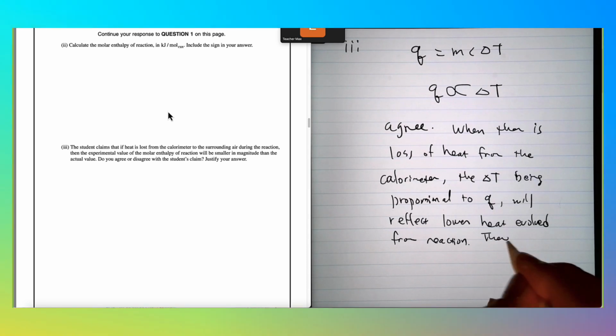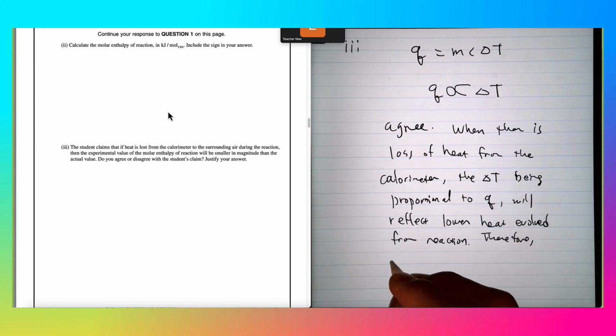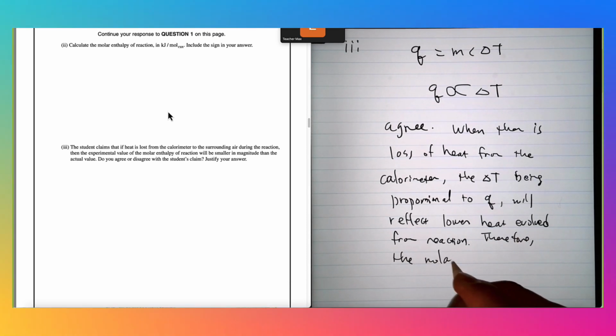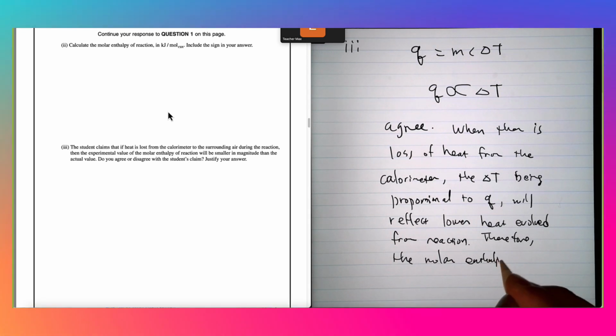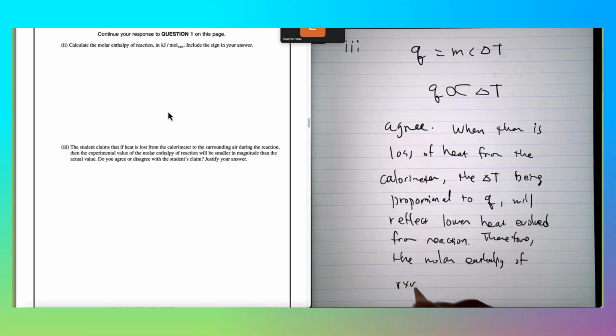Therefore, the molar enthalpy of reaction will be smaller.